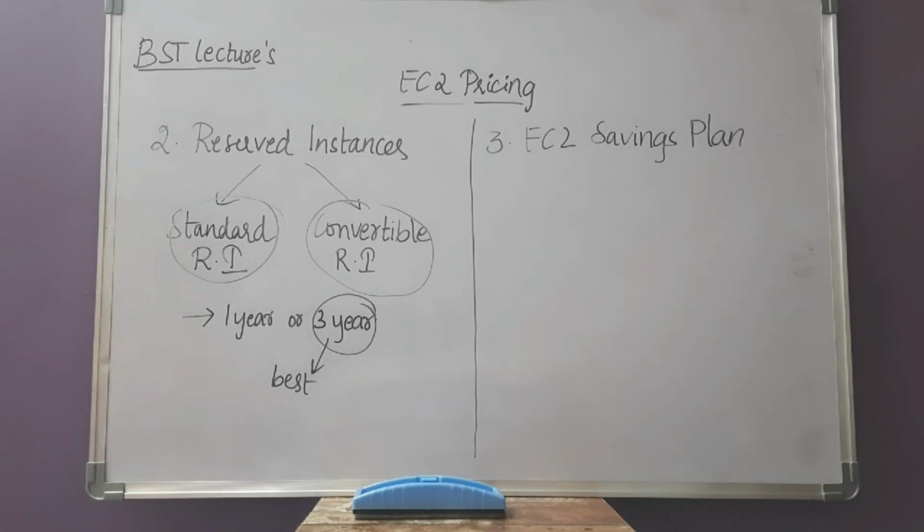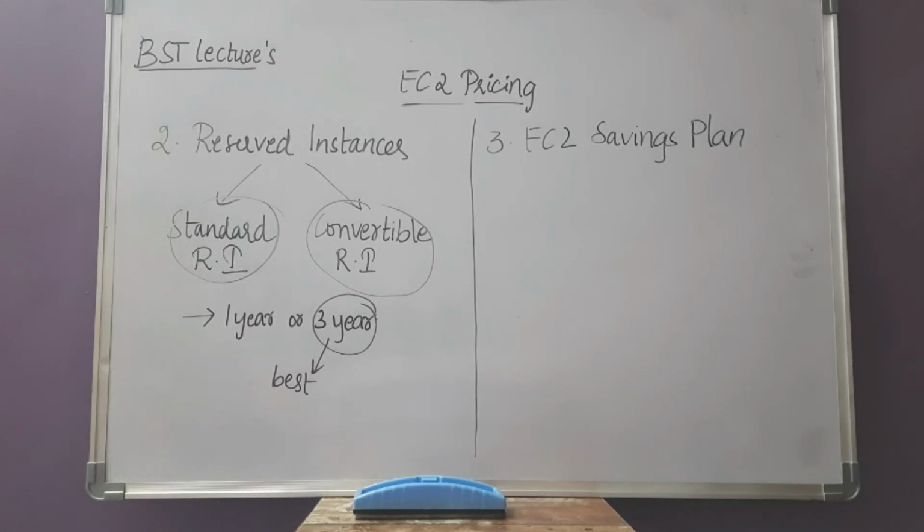If you have any doubts or if you want the notes regarding this, please comment below. First of all, reserved instances are a billing discount applied to the use of on-demand instances in your account. We use reserved instances for greater discounts than on-demand instances, right? In this, we have 2 types, standard and convertible.